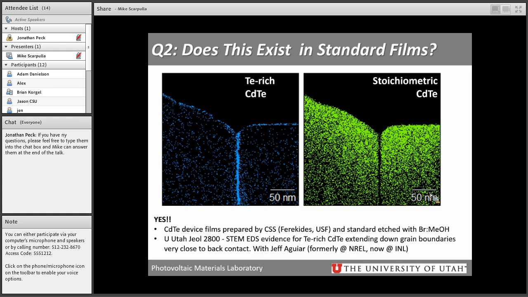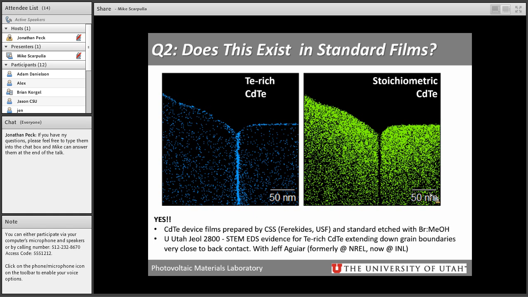And what you're looking at on the left are pixels which showed tellurium rich, that showed that the pixel contained composition that corresponds to a tellurium-rich cadmium telluride. So it's not pure tellurium you're looking at here. It's actually 50-50 cadmium telluride plus a little bit of tellurium on the left. And then the stoichiometric cadmium telluride with 50-50 composition is shown on the right in green.